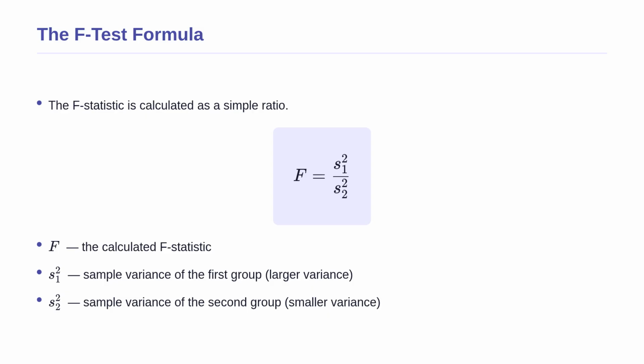The symbol S1 squared represents the sample variance of the first group, and S2 squared represents the sample variance of the second group. By convention, we always place the larger variance in the numerator, on top. This ensures that the F value is always greater than or equal to 1. If the top variance increases while the bottom stays the same, the F value grows larger, indicating a bigger difference in spread.